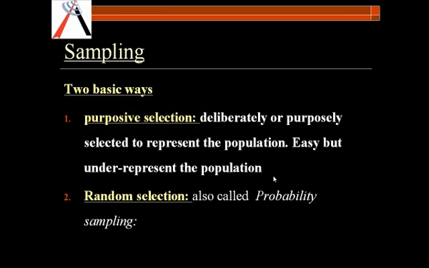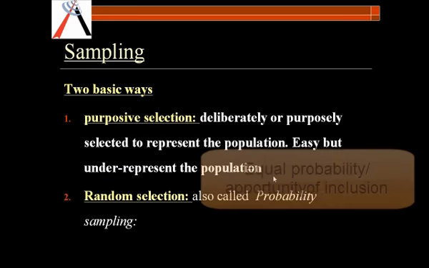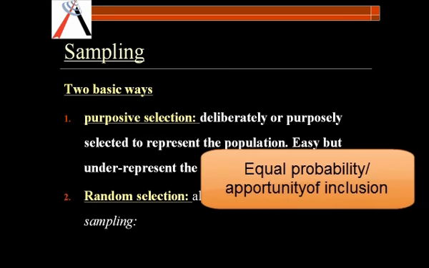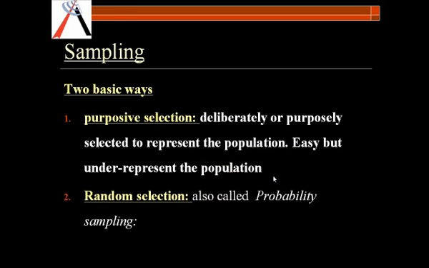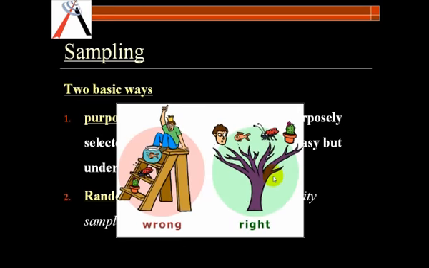So when you are selecting a sample from a population, it should be a random sample or a probability sample, wherein every individual of the population has equal opportunity to get included in your study. Equal probability of getting included in the study. That is why it is called probability sample. So you can say if you have a purposive sample, you will select a sample that best suits your study.